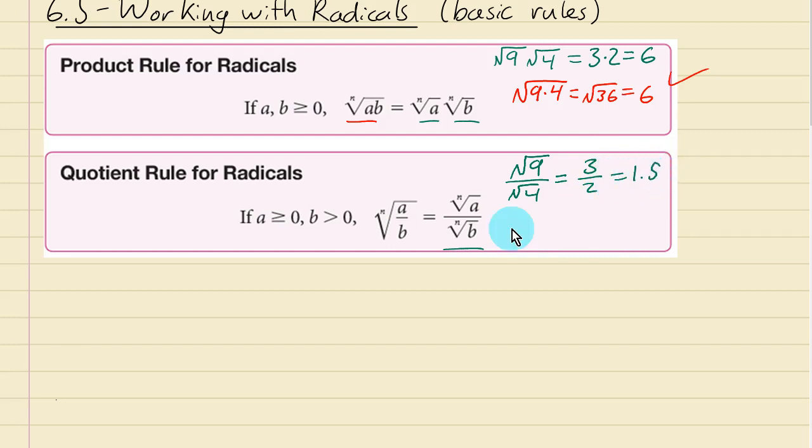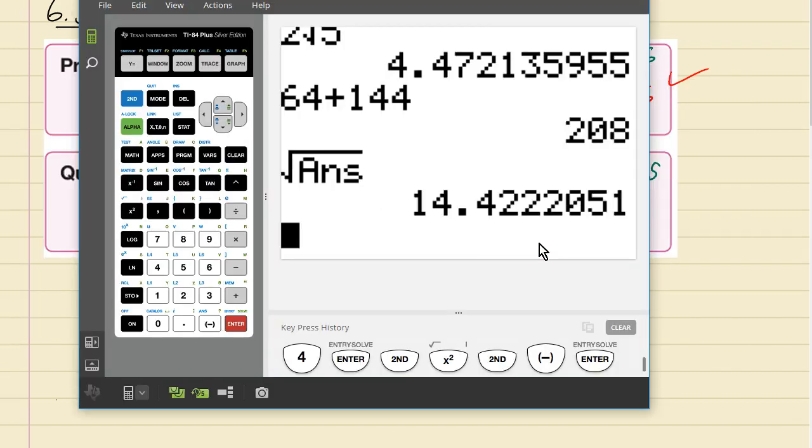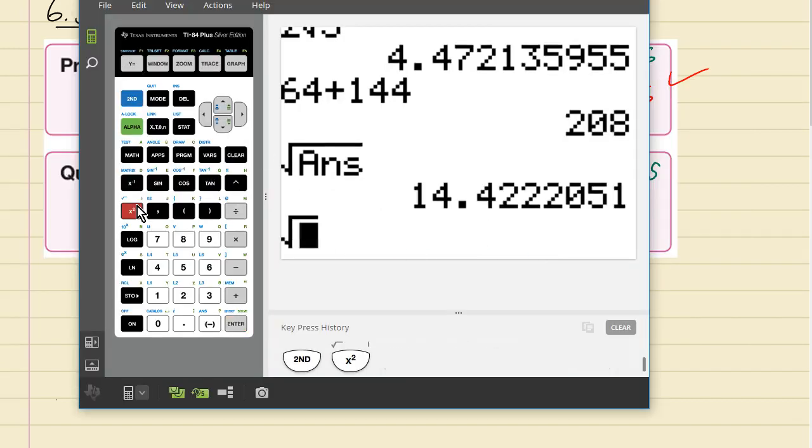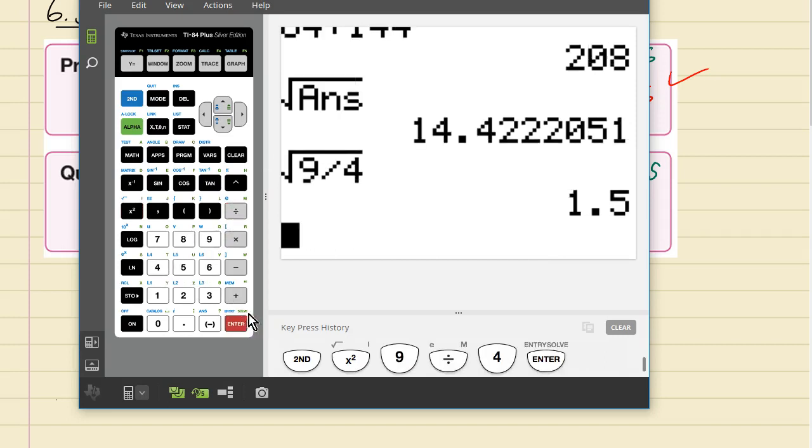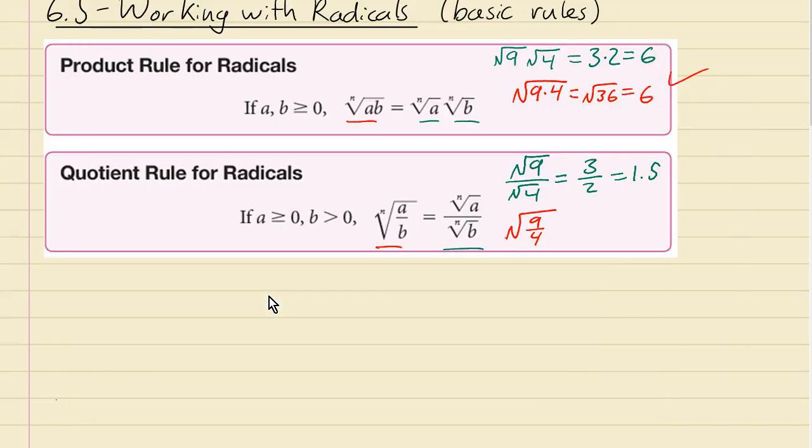And if we want to get the left side of this, the square root of 9/4, we can check that with a calculator. The square root of 9 over 4 comes out to be 1.5 as well. So that just checks that one works.